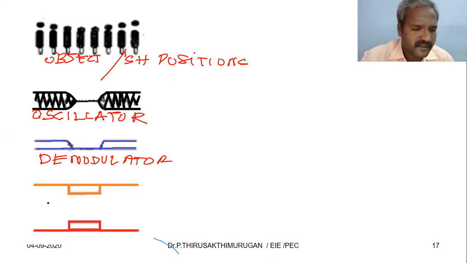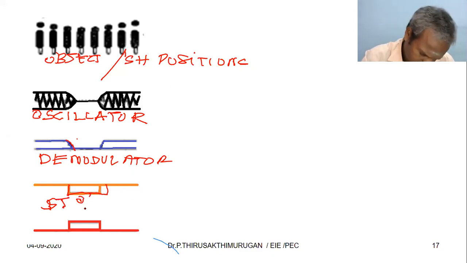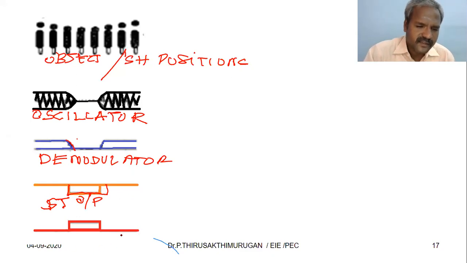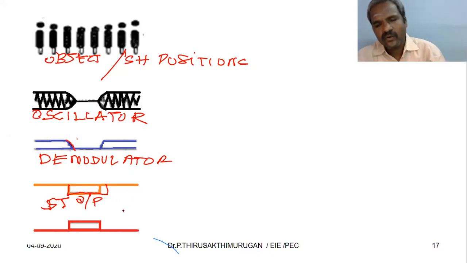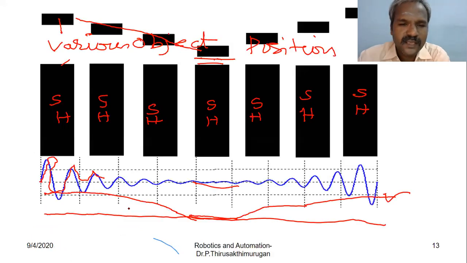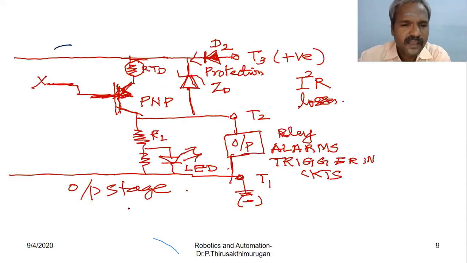See, this is the triggering stage, the Schmitt trigger output. When the demodulator decreases to low, the Schmitt trigger goes to the lower position, right? When the Schmitt trigger goes low, we go to the output stage.